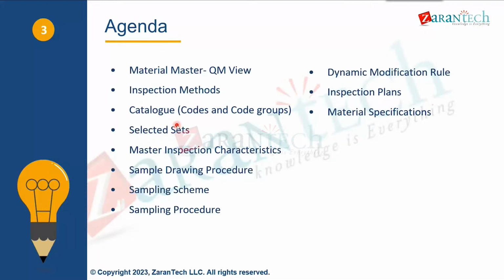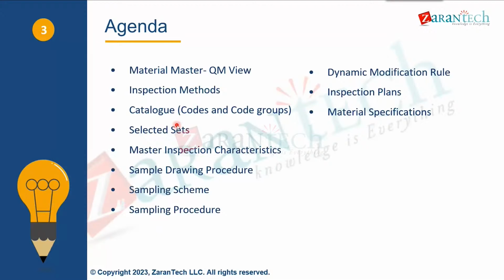Okay. So we have three options, right? Complete copy model, incomplete copy model, and reference characteristic. What are the main differences between the three? Complete copy model is basically if you want to copy, for example, the lower specification limit and upper specification limit into the inspection plan.